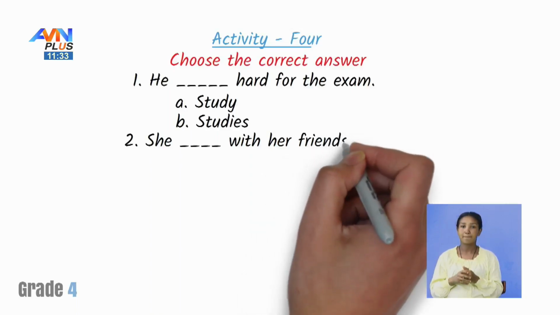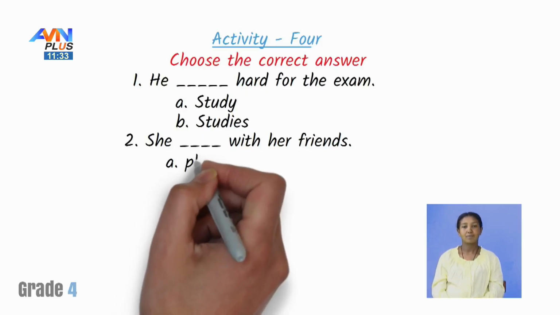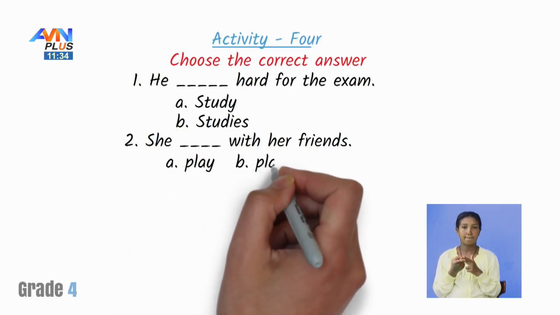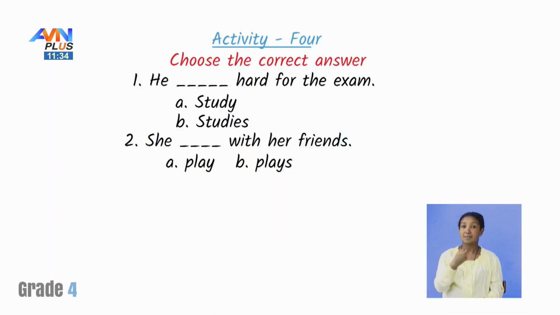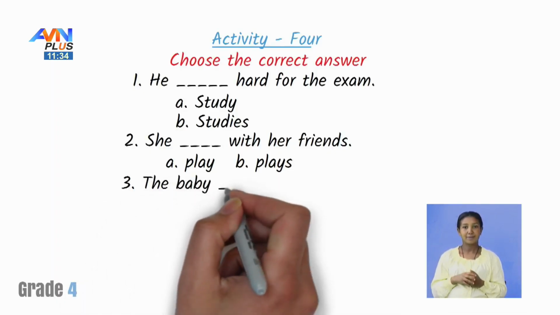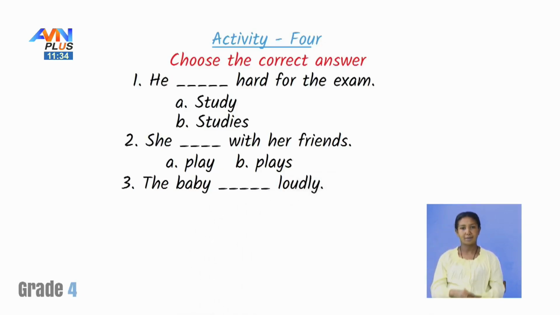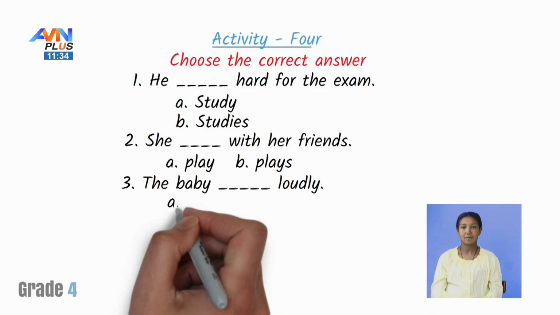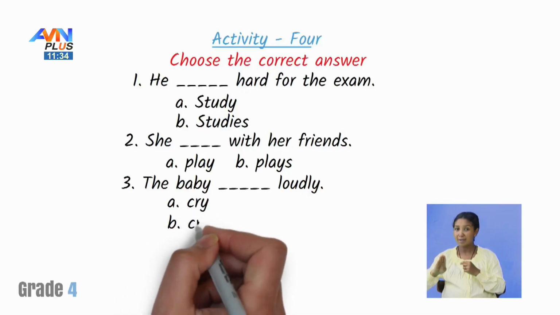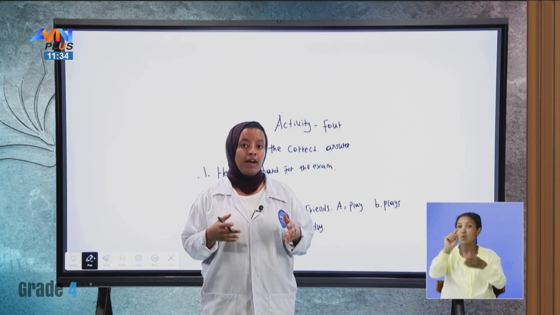B, plays. 3, the baby blank loudly. A, cry. B, cries. Students, here is the activity. Let me give you 1.5 minutes and I will be back.